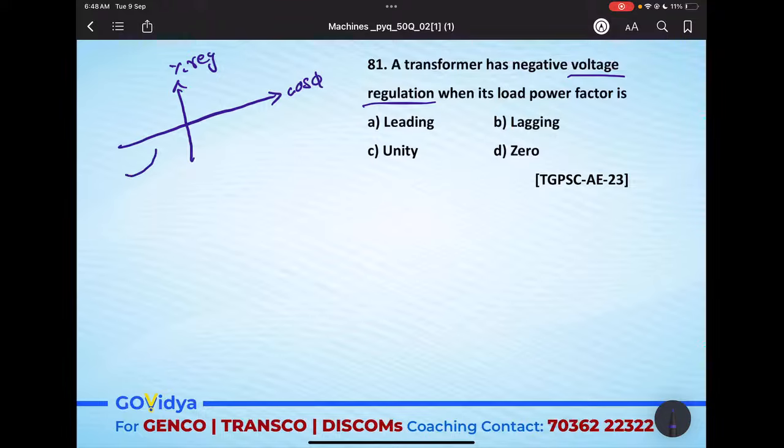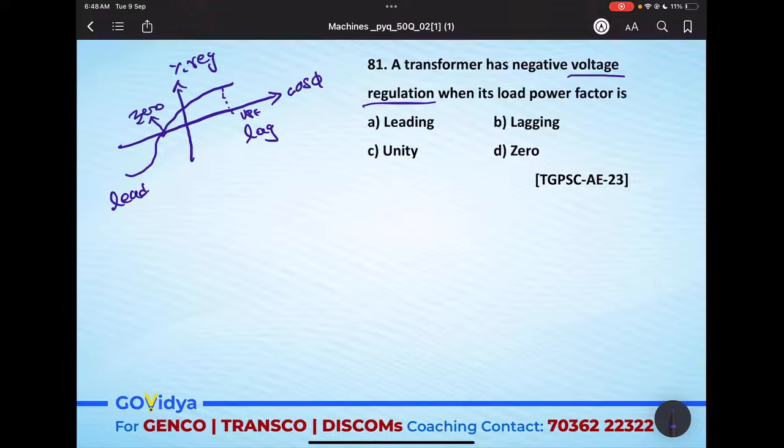The curve will look like this. This side will be lagging and this side will be leading power factor. It will be maximum for UPF lagging. It will be 0 for leading power factor, and negative.